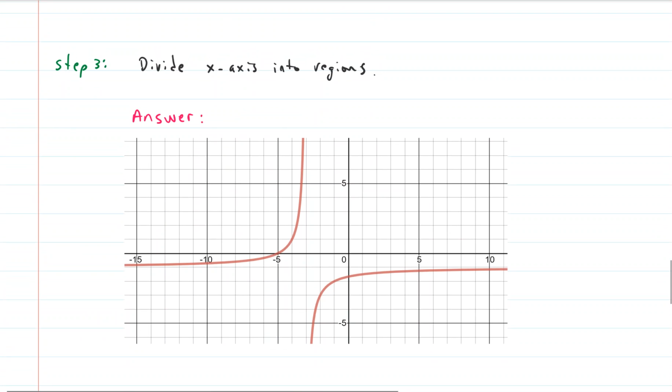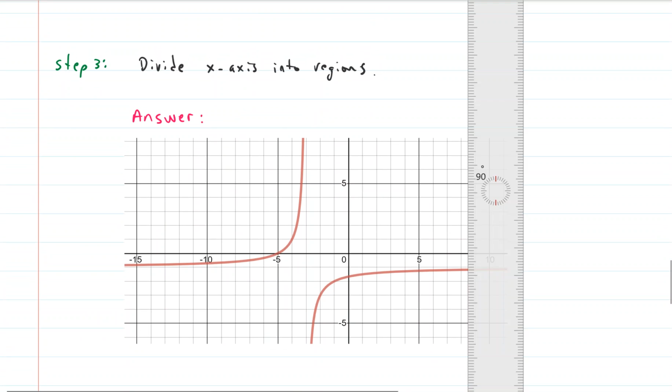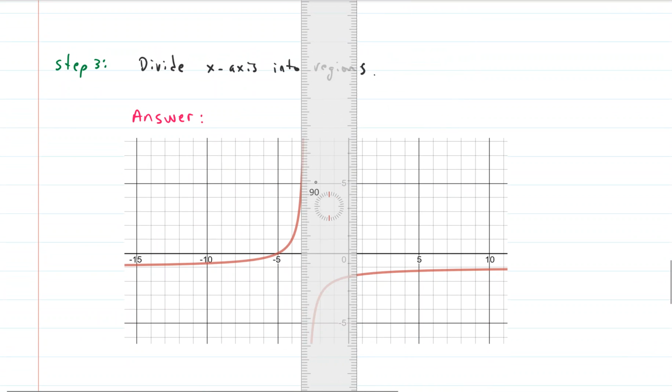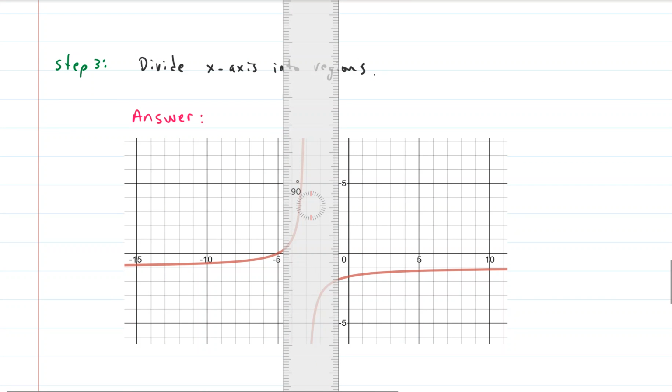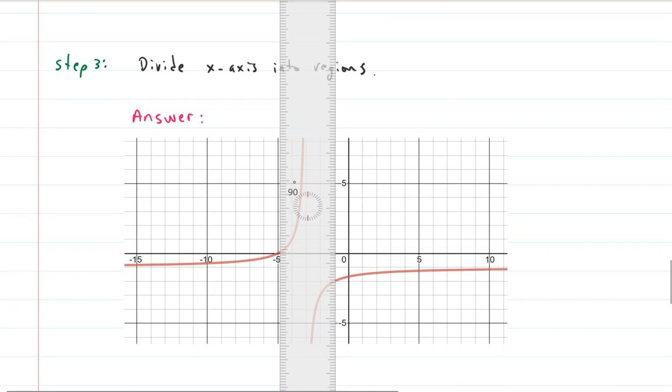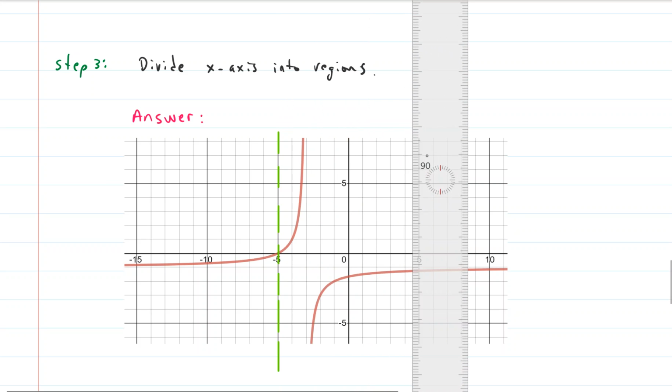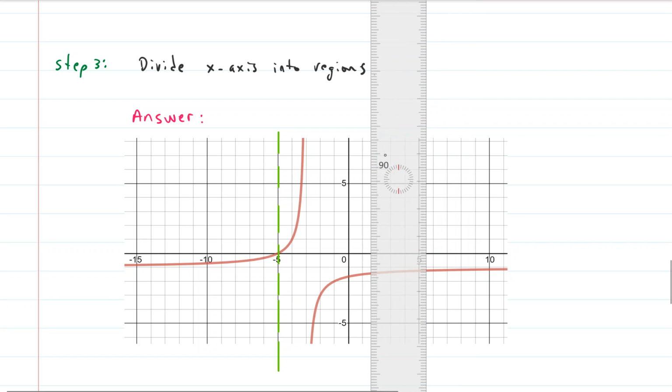So let's draw those. Let's bring out my ruler. x equals negative 5 is right here. If I draw a dashed line, there's a 0 there, and the other one was x equals negative 3.